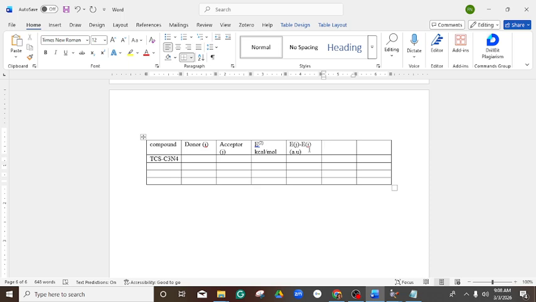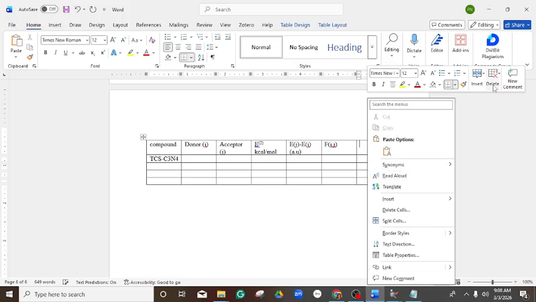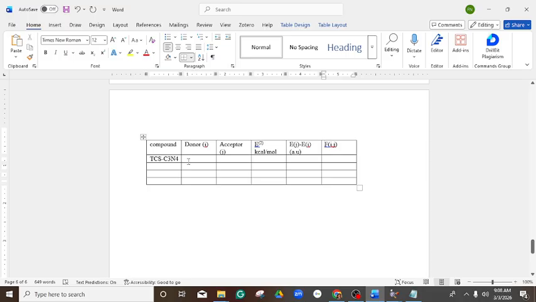Then you're going to have your coupling effect or overlapping effect. This is the measure of overlap between your donor and acceptor orbital. Basic chemistry terminology. So this is how your table looks, and that's information we've gotten from our notes file.